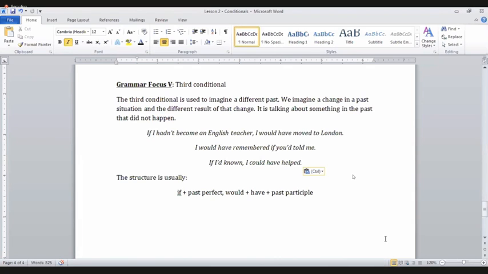Okay, so look at these sentences. Look at the third one. If I had known, I could have helped. So here, look at the if clause. If I had known, what does that mean?